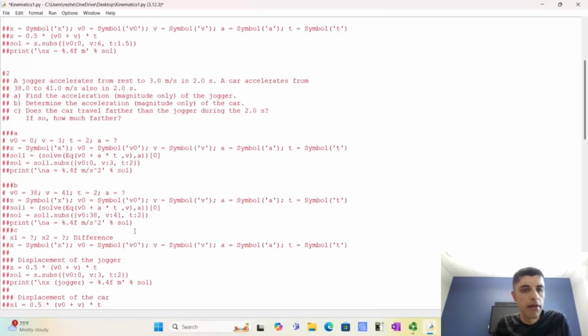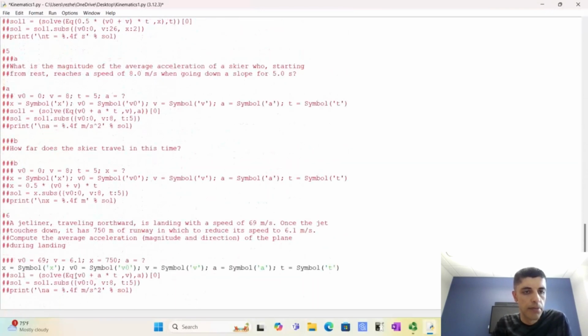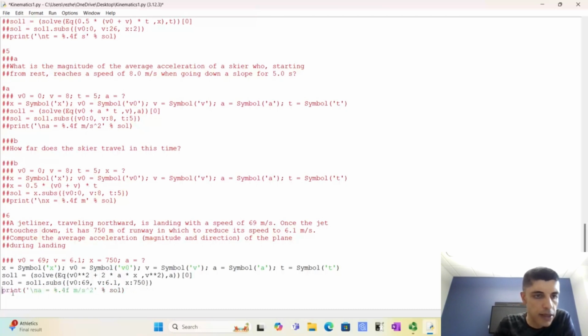So copy that, and paste that into our equation command. Control V, and then this is V squared, and we're solving for A here. So V naught is 69, V is 6.1, and X here is 750. And then we are printing the acceleration in meters per second squared.